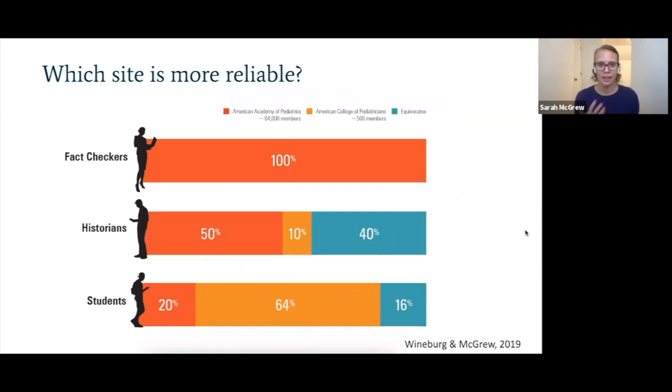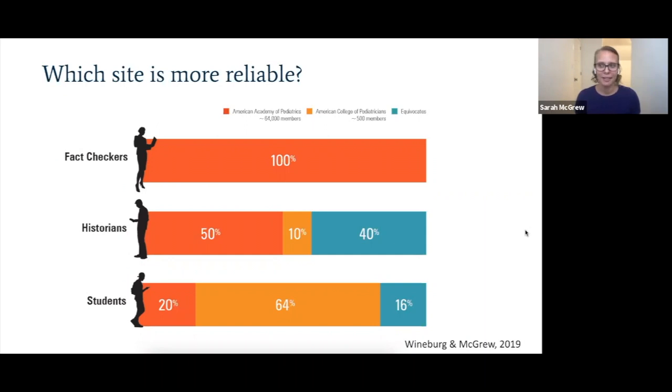After participants evaluated the site that I just showed you, along with that article on bullying from the American Academy of Pediatrics, here are the results. The American Academy of Pediatrics is in red there, and the American College, the fringe organization with fewer than 500 members, is in yellow. As you can see, all of the fact checkers decided, rightfully I think, that the American Academy of Pediatrics, the main professional organization, was likely more reliable.